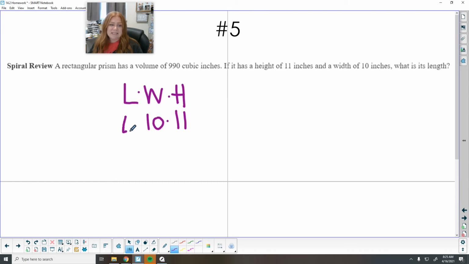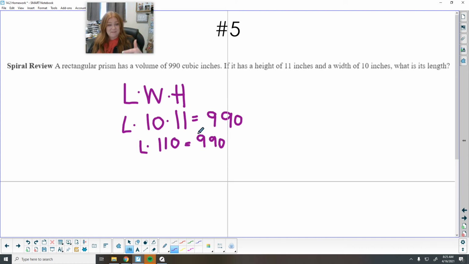And what is the length? And we know the total is 990. So we can start by multiplying 10 times 11. So 10 times 11 is 110. And we have L times 110 equals 990.